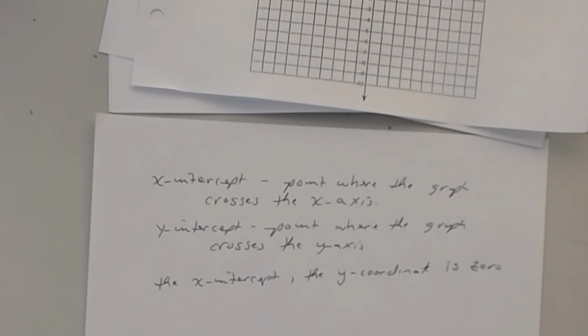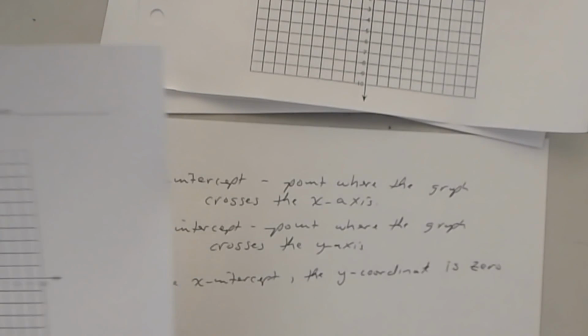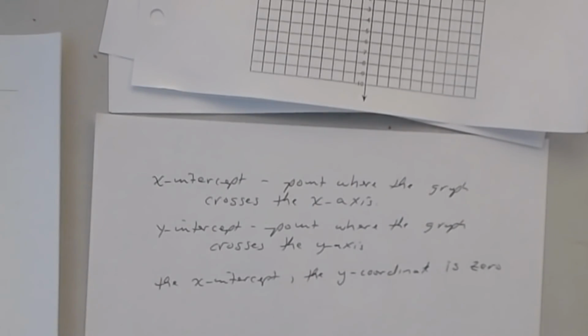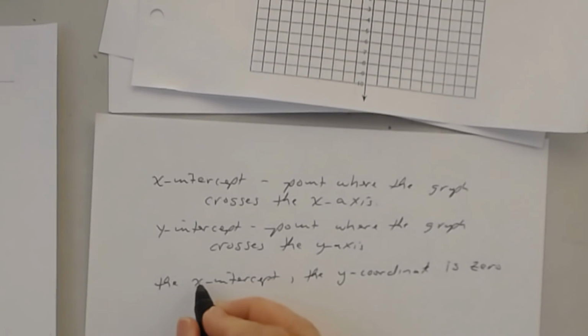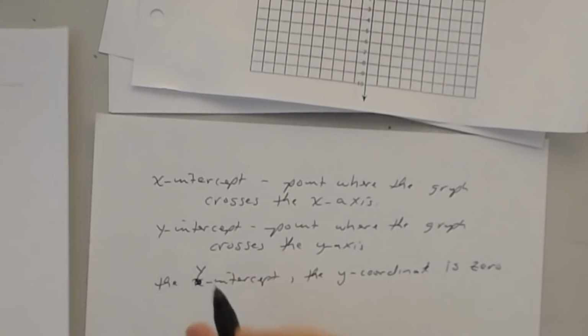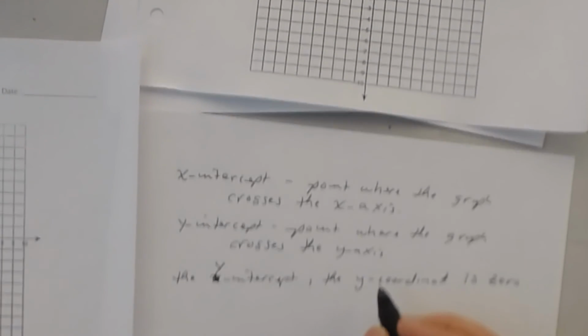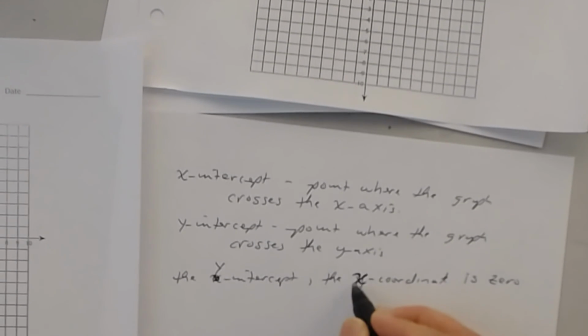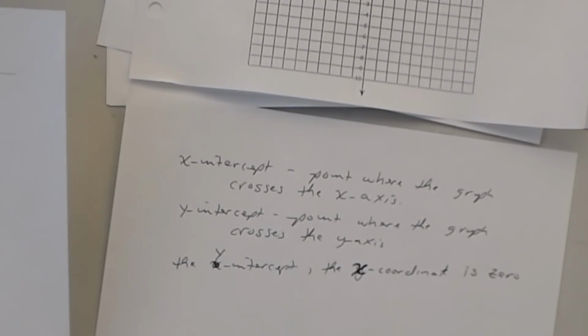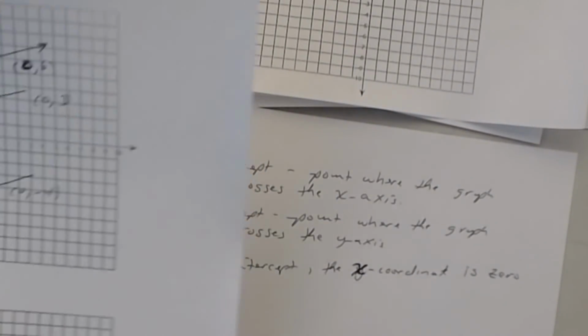Oh, you know what? I said the x-intercept, right? That's the y-intercept. Yeah, I'm sorry. The y-intercept, because I said y-intercept. The y-intercept, the x-coordinate is what? 0. All right, x-coordinate is 0. Now let's go to the x-intercept.